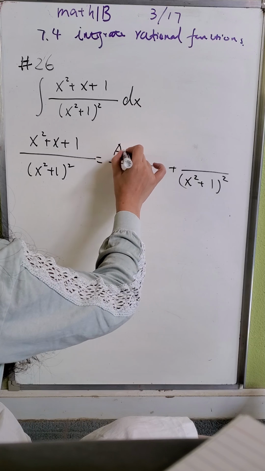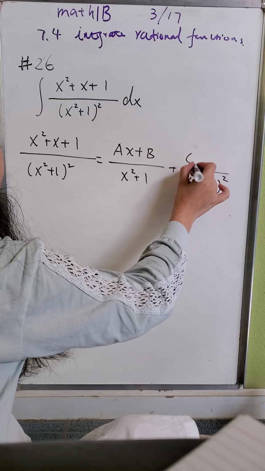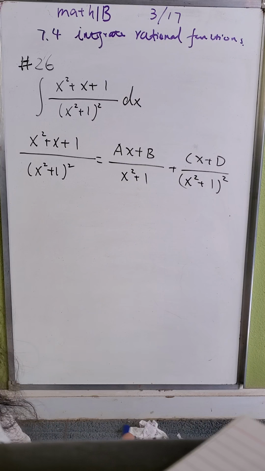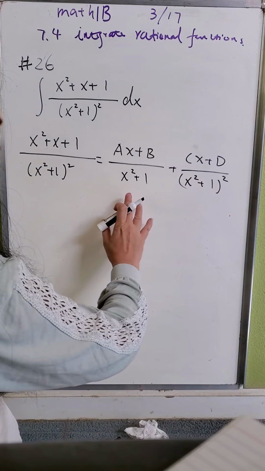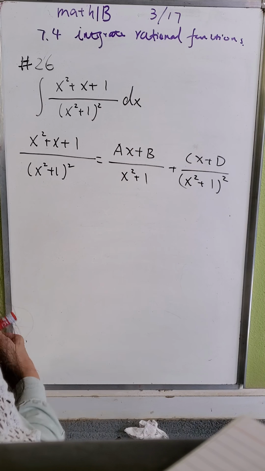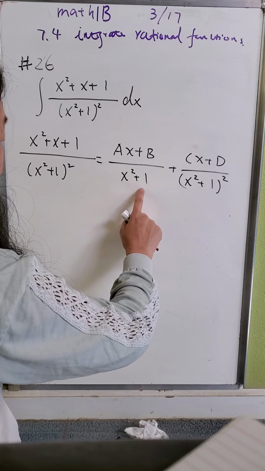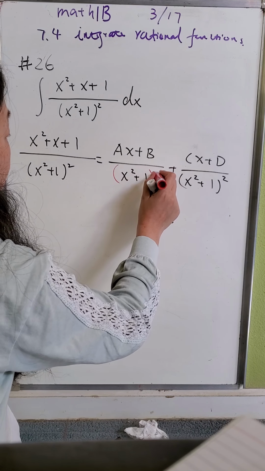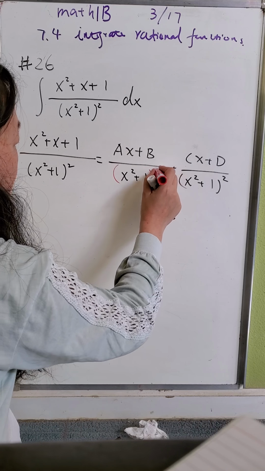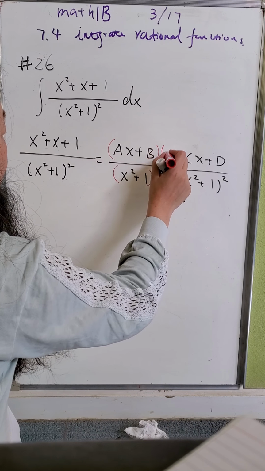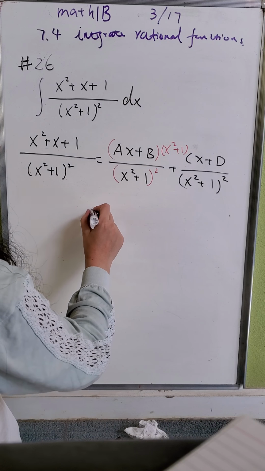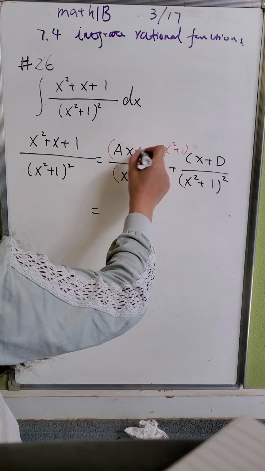Now be careful here, because most of the time I see students able to find the pattern, but they're not able to get the algebra out. You can see here these two are the same, but this one has one more power. So that means you need to put one more power here, and then you just put one more on the top. Okay, that's it.